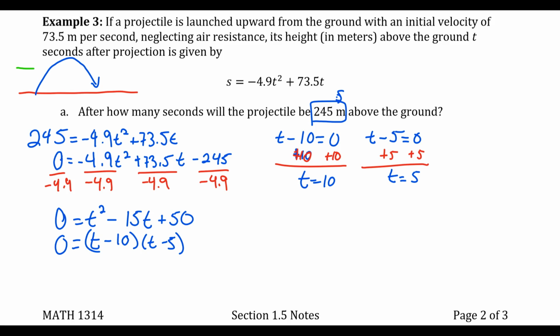So let's say that this right here represents 245 meters. Notice, there's 1, there's 2. So this would be like 5 seconds, and this is 10 seconds. So the ball, or the projectile, whatever you're looking at, is at 245 meters 2 separate times.